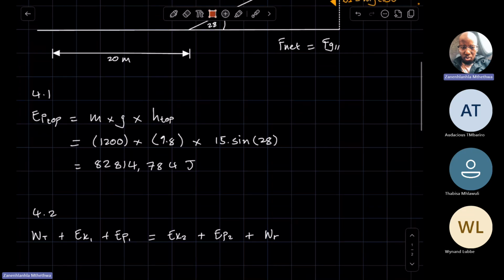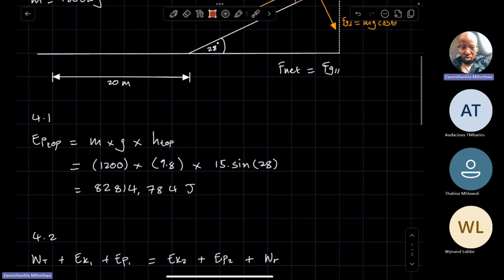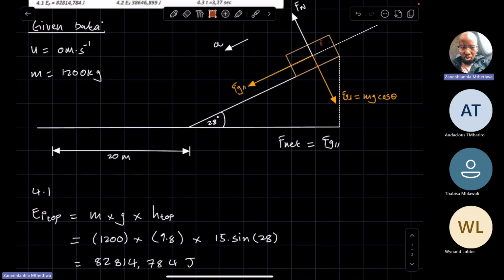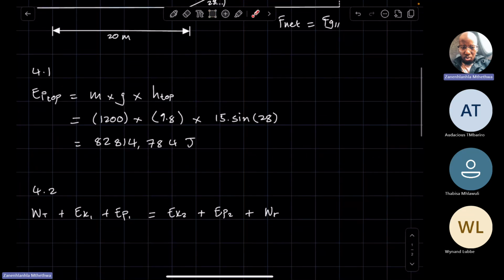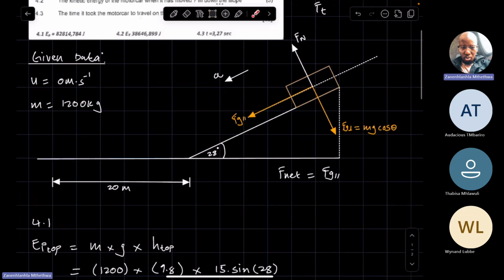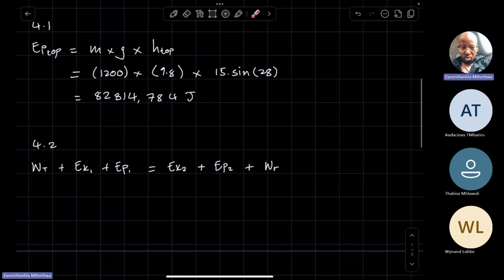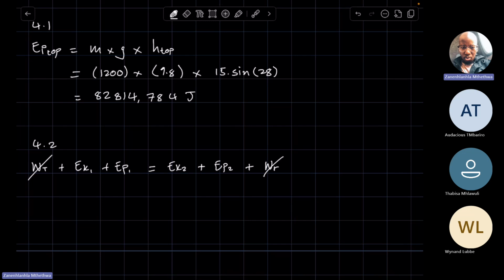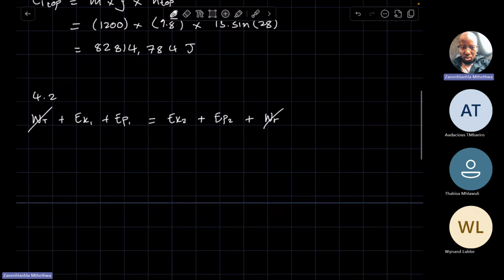Now here the object is accelerating, but there is no force being applied for the object to move down the incline, which means this here is equal to zero. Also, the slope is frictionless, so there is no work done to overcome friction.